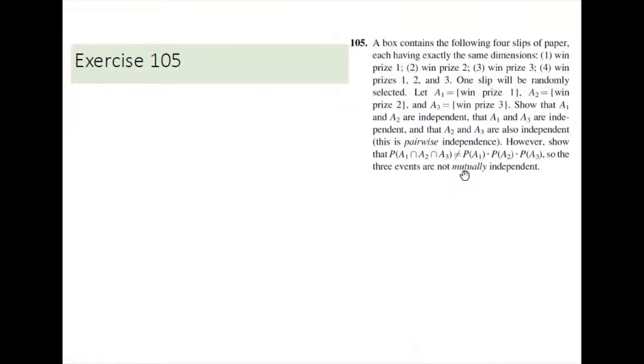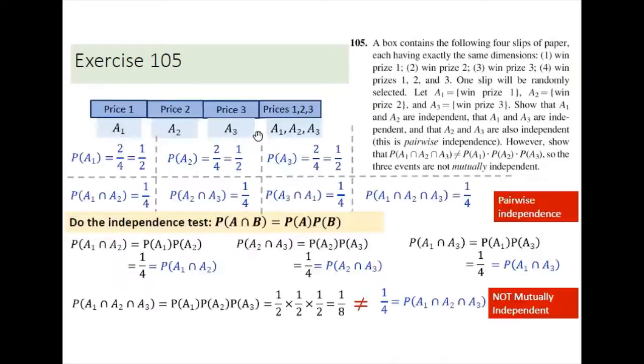The second one: A1 and A3 are independent, A2 and A3 are independent. You can see again the probability of A2 and A3: in one case you can win both prize 2 and prize 3, and that is just picking slip 4.